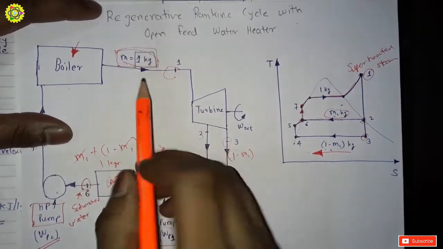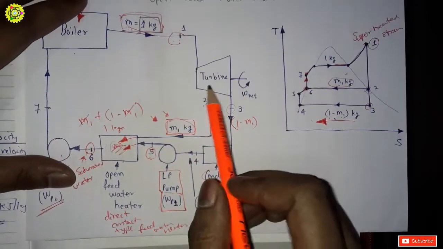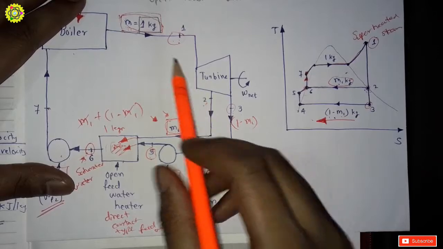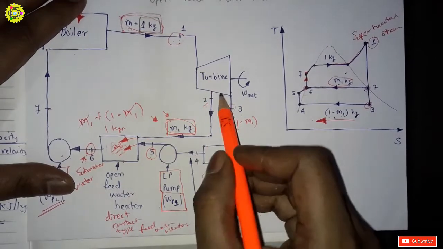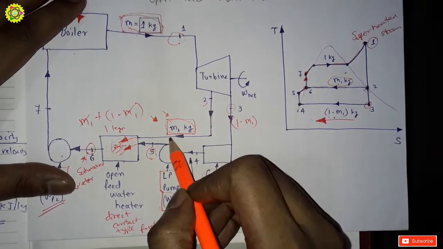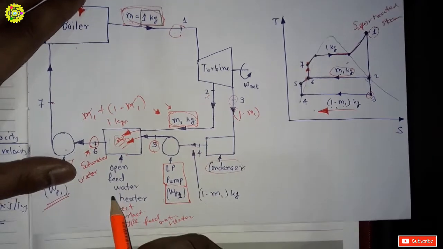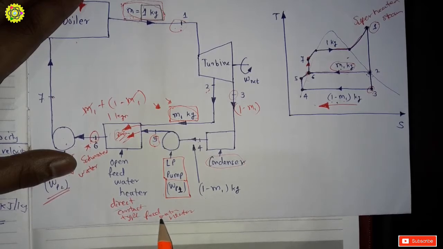This mass goes to the turbine, and out of the 1 kg, some amount of steam is bled off and goes to the open feed water heater, also called the direct contact type feed water heater.